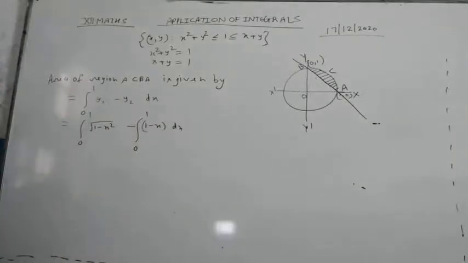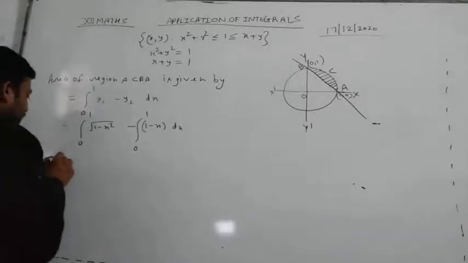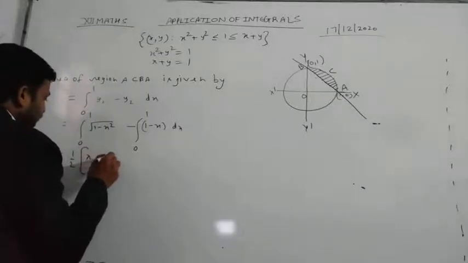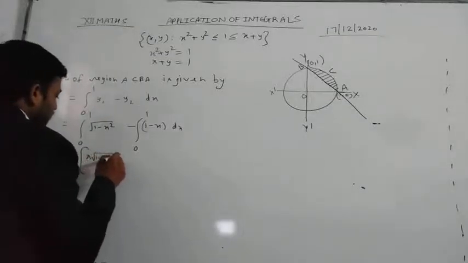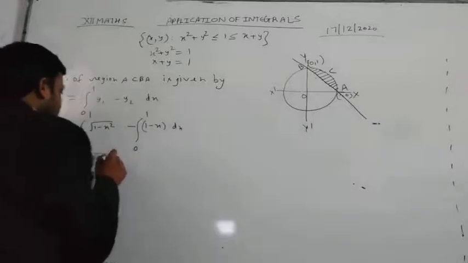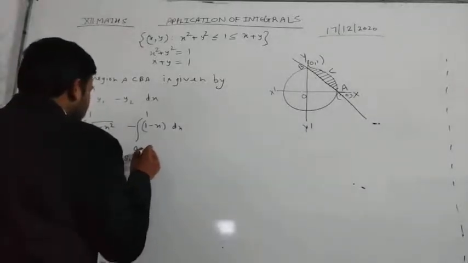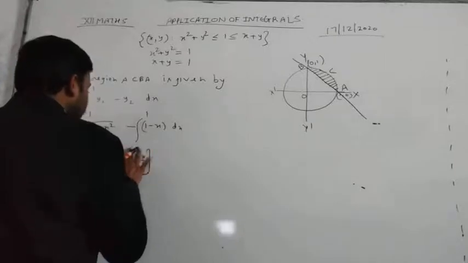Okay, students. Now we will apply the formula for the integral of √(a² − x²). You know it is 1/2 [x√(a² − x²) + a² sin⁻¹(x/a)].